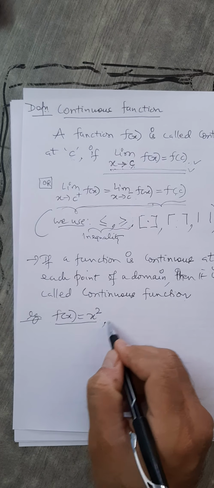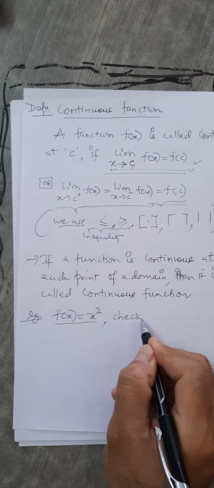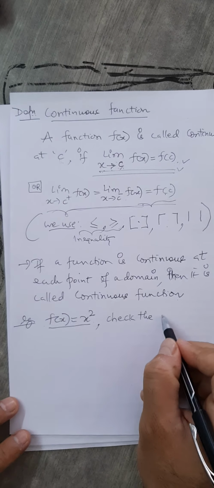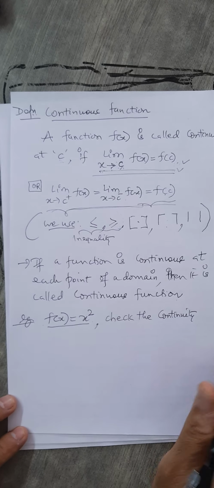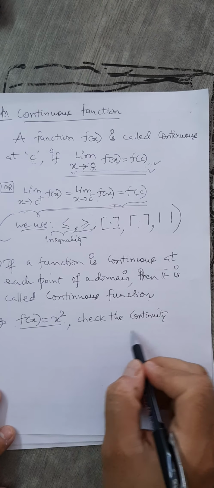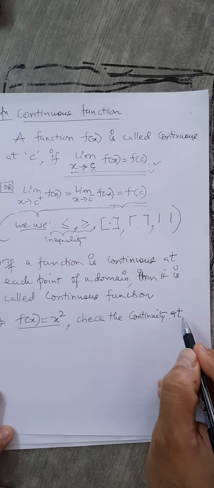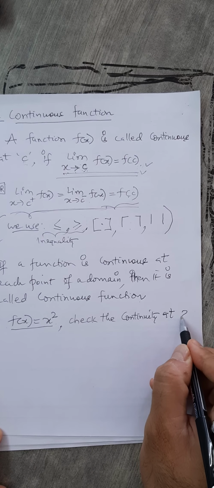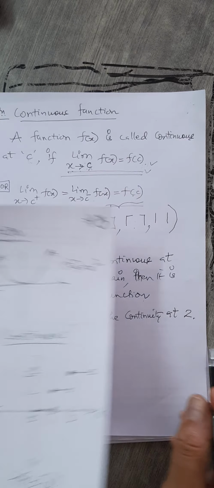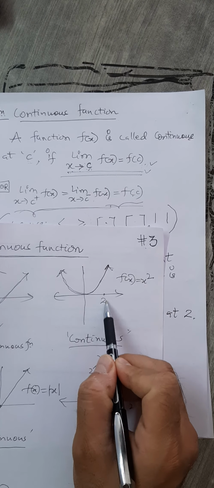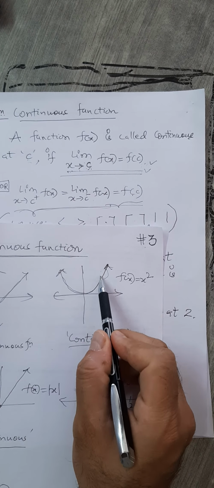The question is: check the continuity at, let's say, 2. You know it would be continuous. At 2, what happens to the graph of the function? It's continuous.